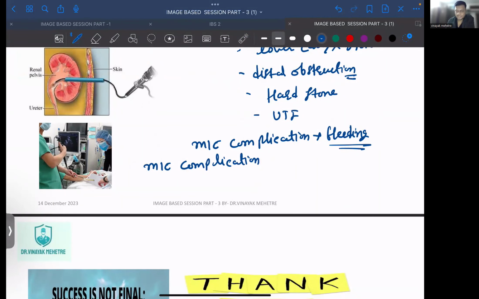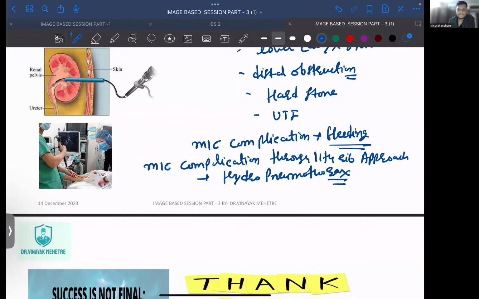Most common complication through 11th rib approach. What do you think? 11th rib. Hydropneumothorax. Okay.